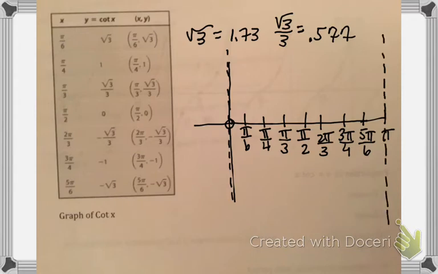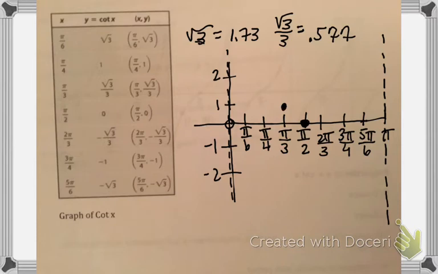So let's go ahead and graph this. I'm going to put the 0 point in first. So at pi over 2, it's 0. And then I'm going to go to the left. So pi over 3, we have square root of 3 over 3, which is 0.57. So here's 1, here's 2, here's negative 1, here's negative 2. Okay, so we got a point like this.